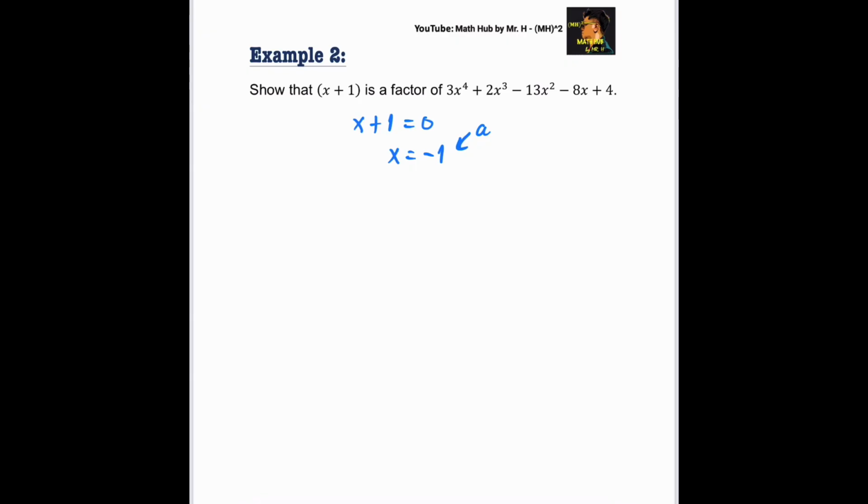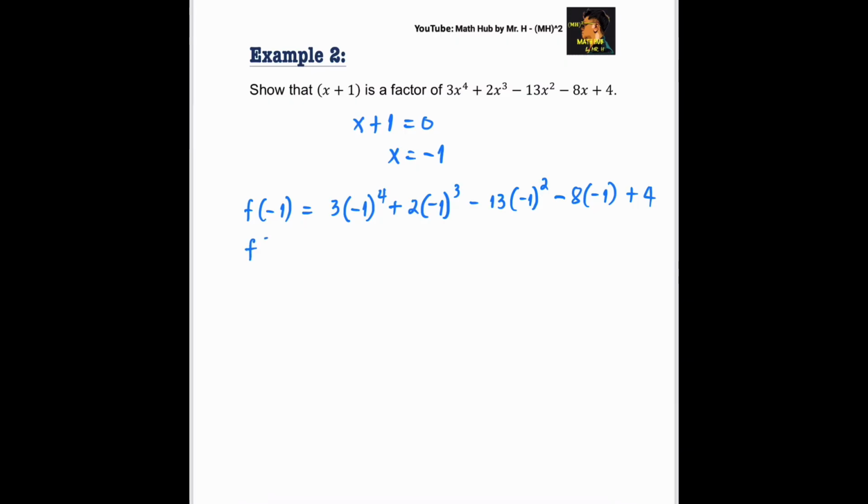So we will be using that value to evaluate the dividend. We'll have f of negative 1 equals 3 times negative 1 to the power of 4 plus 2 times negative 1 to the power of 3 minus 13 times negative 1 to the power of 2 minus 8 times negative 1 plus 4.